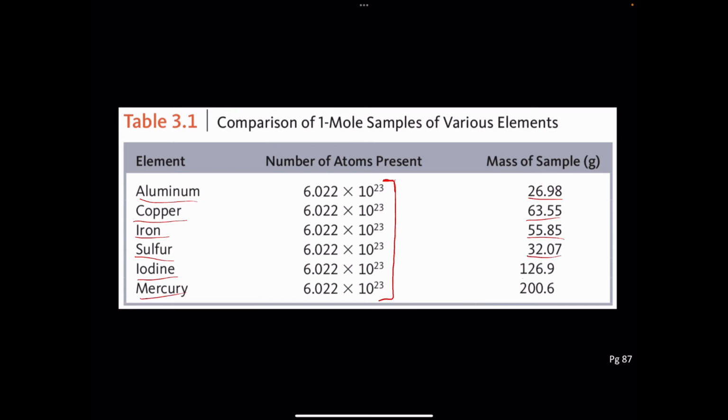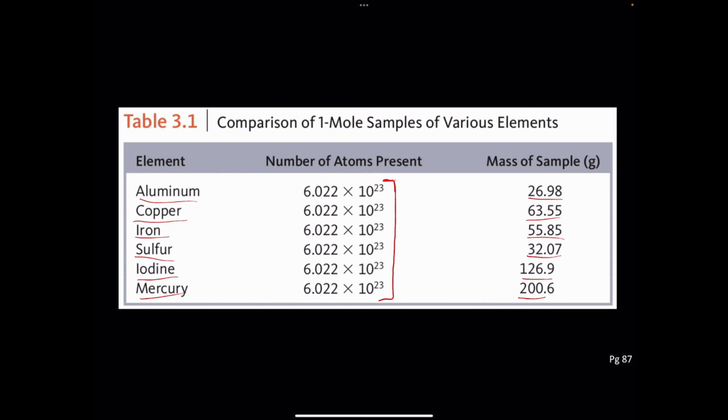Those two on the sides change, but the number of atoms remains the same. Those atoms are just greater in their density. A mercury atom is much more massive than a carbon atom, or an aluminum atom, or even a copper atom.